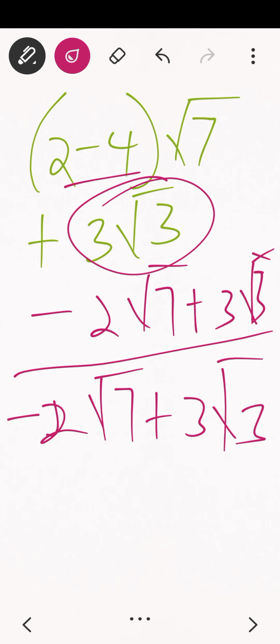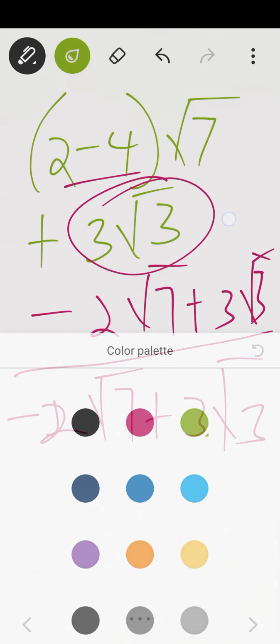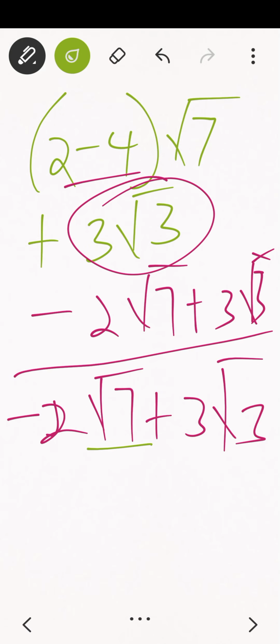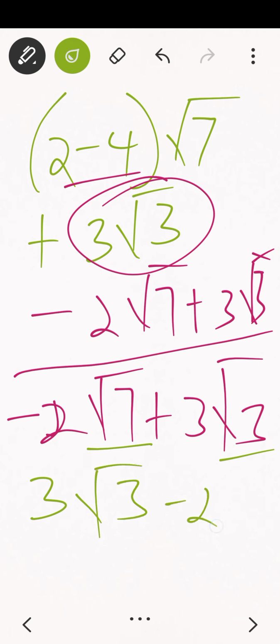Now we can't do anything about this because our root 7 and our root 3 are not like. So this is the final answer. But many times they would expect that you write the positive number first or the positive surd first. So they will expect you to write something like 3 root 3 minus 2 root 7 as the final answer.